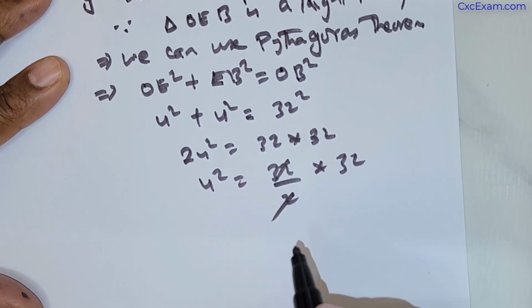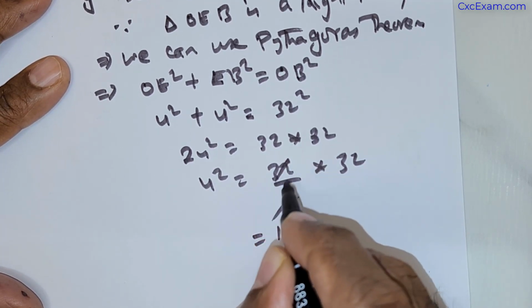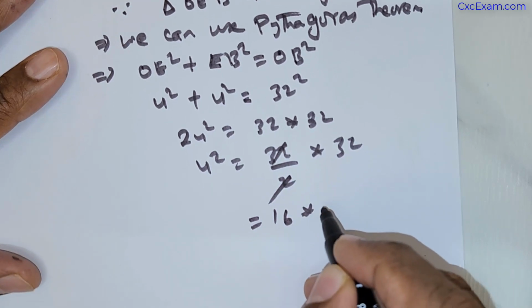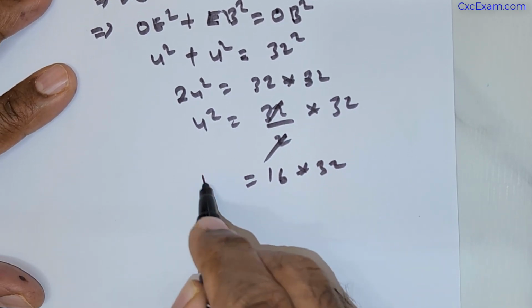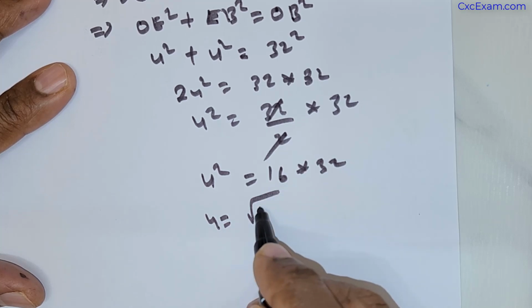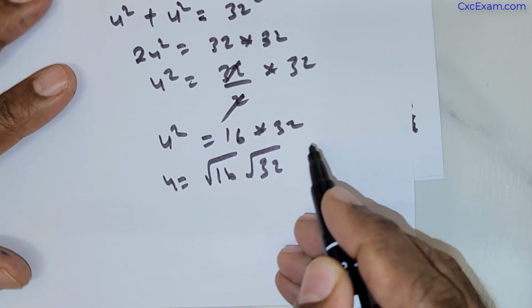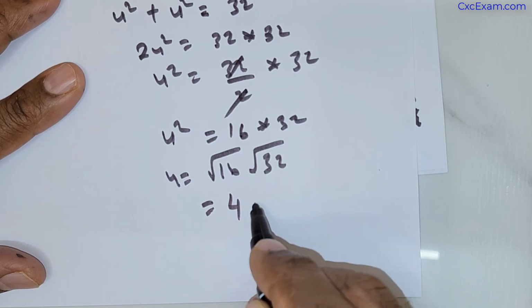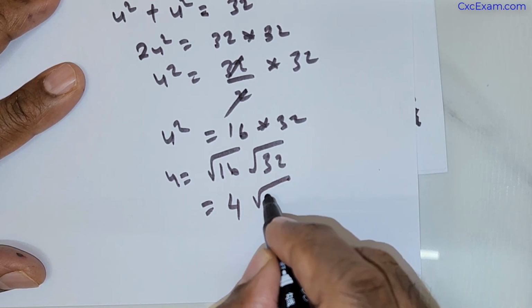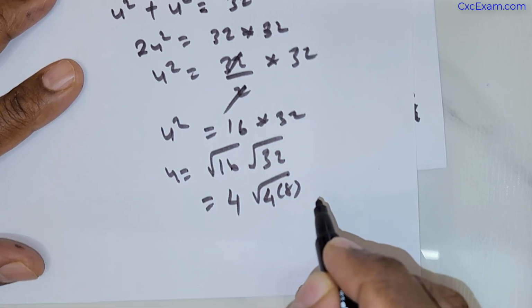So 2 divides here how many times? 1 time, 6 times 32. So this is my U squared. So U is equal to root of 16 times root of 32. 16 is 4. 32 I'm going to write it as 4 times 8.